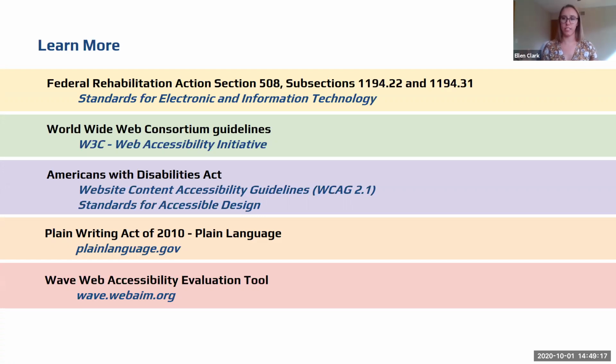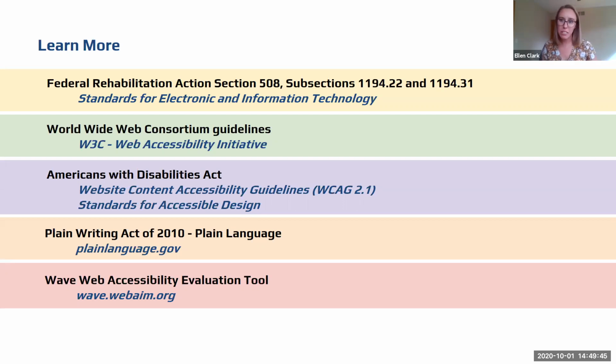These are the resources that at least I most frequently reference, and we referenced within this presentation as well. The Federal Rehabilitation Act, Section 508, as Naomi mentioned, is what the University of Wisconsin-Madison references when we talk about accessibility, as well as the Americans with Disabilities Act.